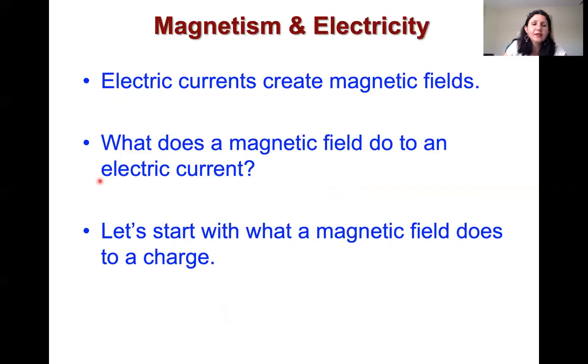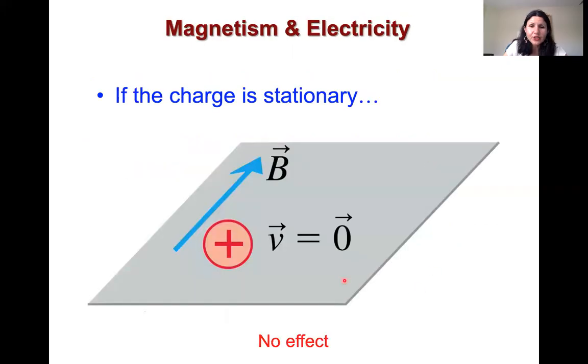Instead of looking at current as a whole, let's start with putting our charge inside of a magnetic field. If we have some external magnetic field and a positive charge that's not moving, magnetic field doesn't do anything to it, it turns out. So what we're basically trying to figure out is what forces are exerted on our charges due to magnetic fields.